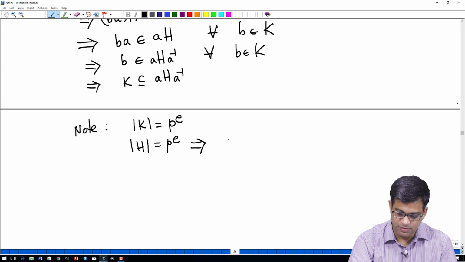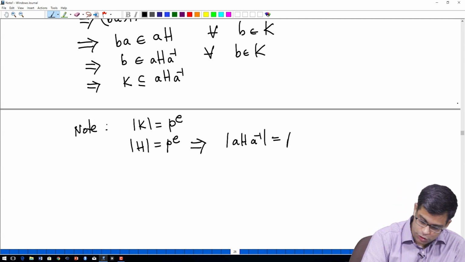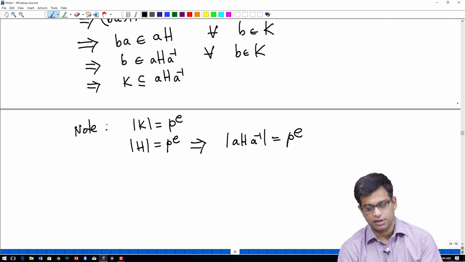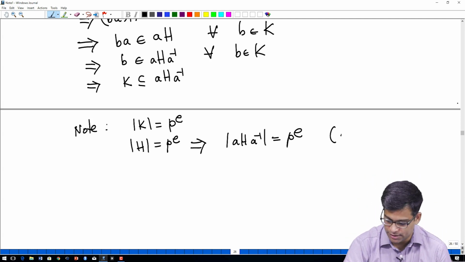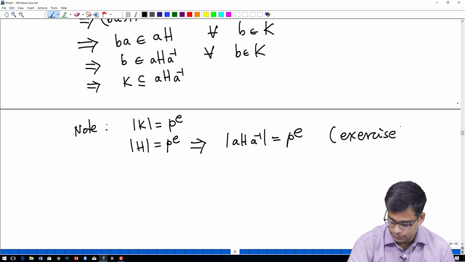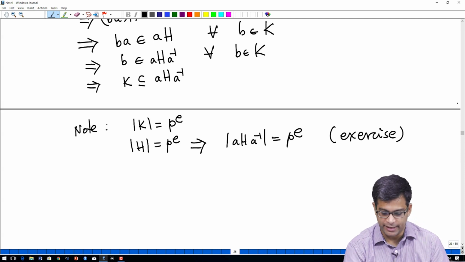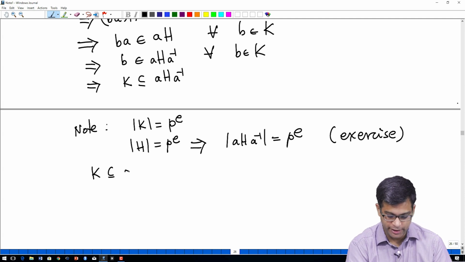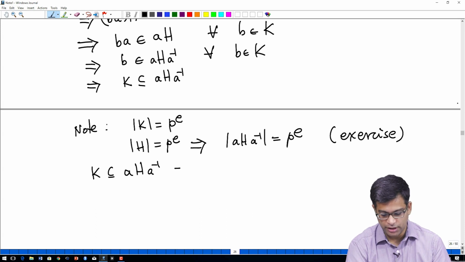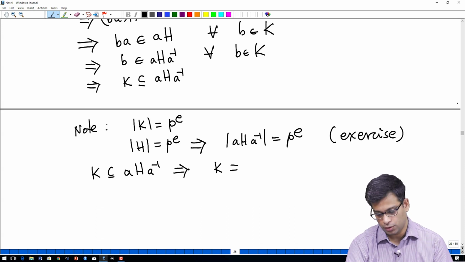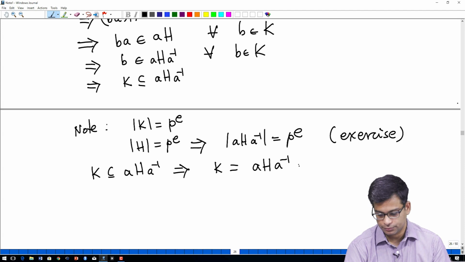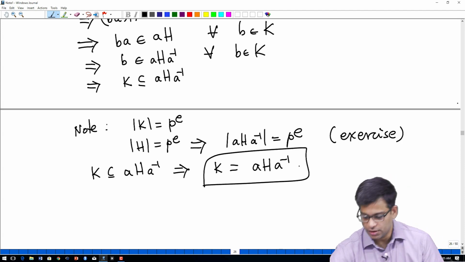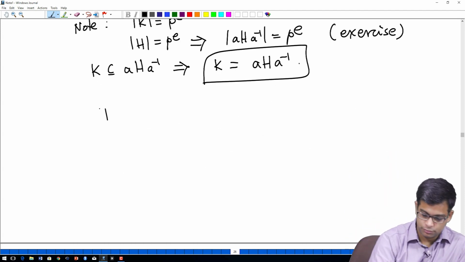But if the order of H is p^e, the order of aHa^{-1} is also p^e, because conjugation does not change the order. This is a simple exercise for you. But K is inside aHa^{-1}, and both have the same number of elements. So, K is equal to aHa^{-1}. Remember, this is exactly what we wanted to show.